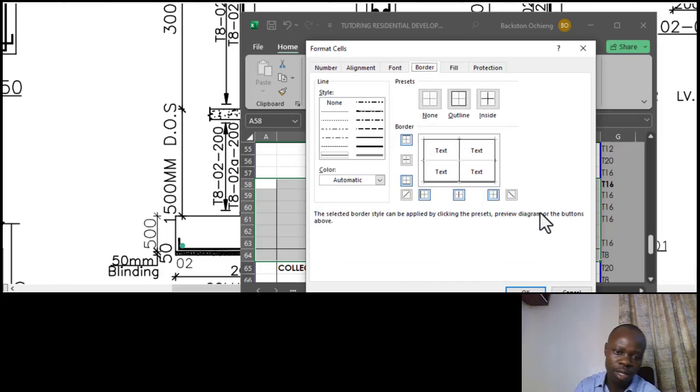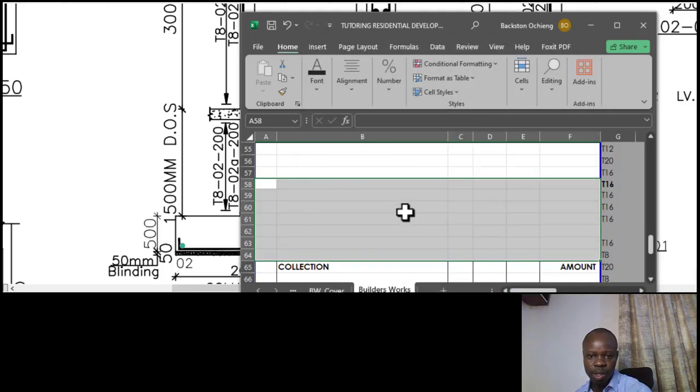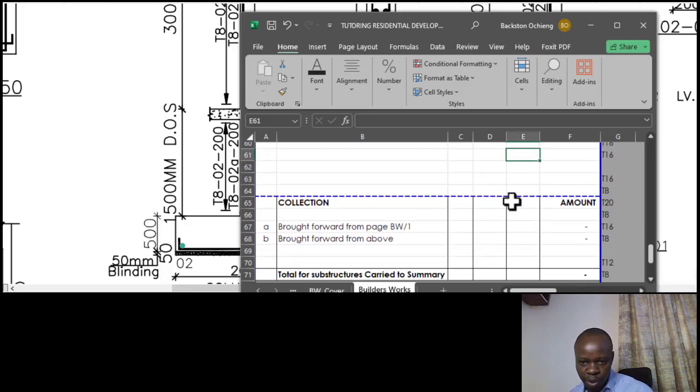So just highlight all that you need, where you need to format, and then you select format cells. Then to the border, I want to remove all these borders here. I want to remove all these ones here, that way, so that I don't have it at that point.